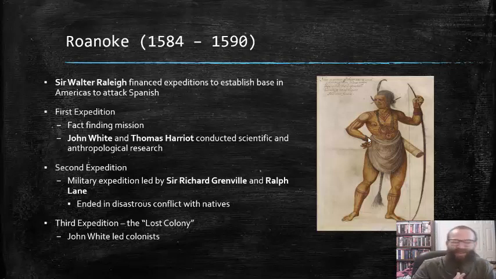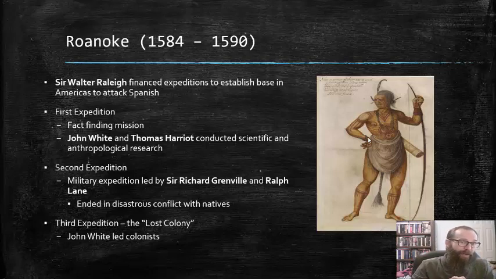So, less than a month after White and his people arrived in Roanoke, some of his folks convinced White to return to England and try to secure a few ships laden with supplies that they could bring over to help them get through until the following season when they could plant their own crops.